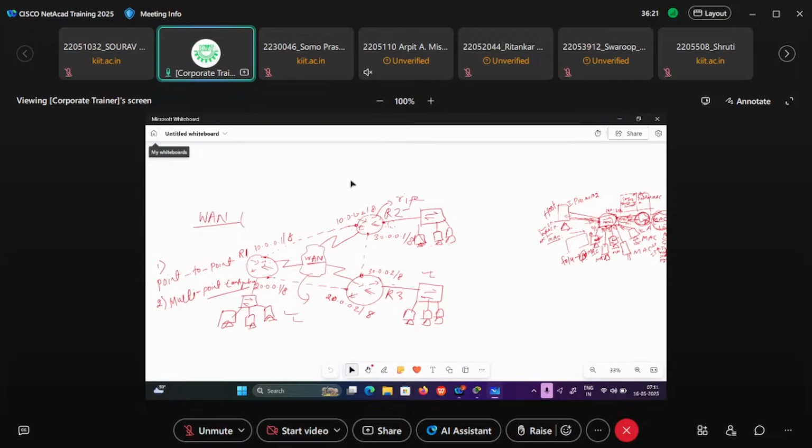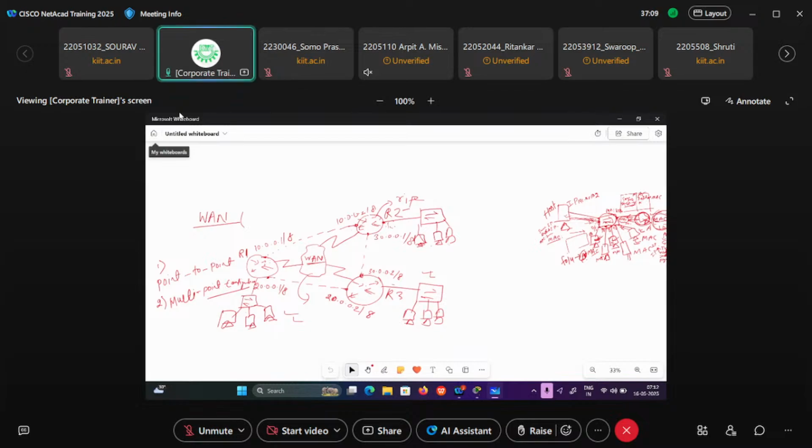In the multi-point, as we have done point to point, wherever you're writing the value, like encapsulation frame relay, and then you're mentioning that particular sub-interface, like interface serial 0/0.1, and then you are mentioning the method of the frame relay, point to point, right?